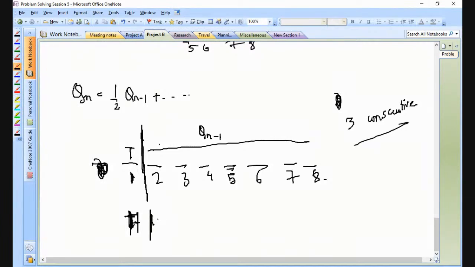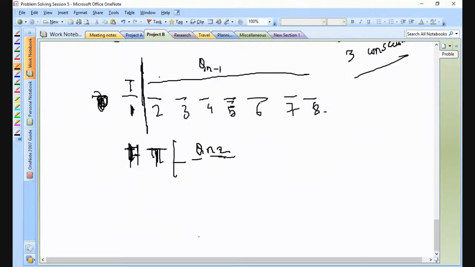So if the first position is head and the second position is a tail, then no worries, no problem, it can follow the Q_{n-2} trend. That is my second case, HT, and now it can be Q_{n-2} cases. And then similarly, I have the third case in which there are HH, and the third has to be T. Then there are Q_{n-3} cases.